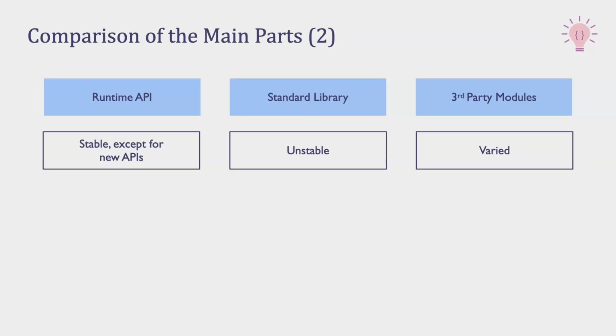It means that a later version of the standard library could introduce breaking changes. You might need to modify your code if you want to use a later version of the standard library. As for the third-party modules, because they come from the community, the stability status is varied. Each module could be stable or unstable depending on the creators.